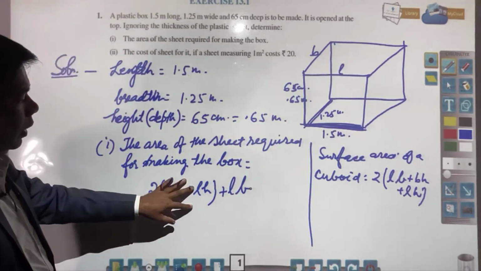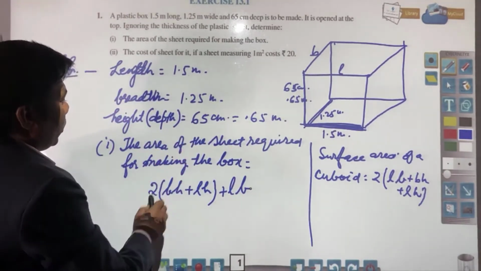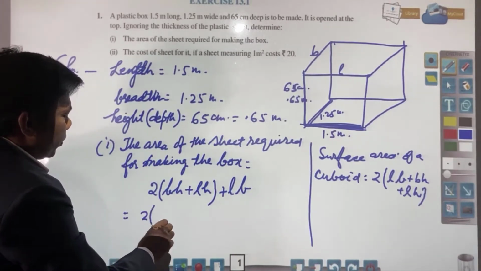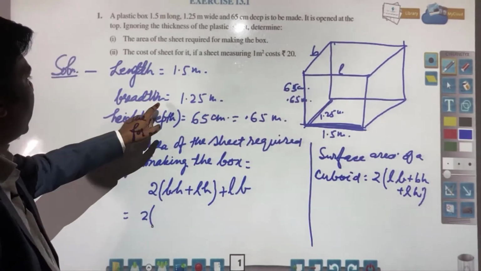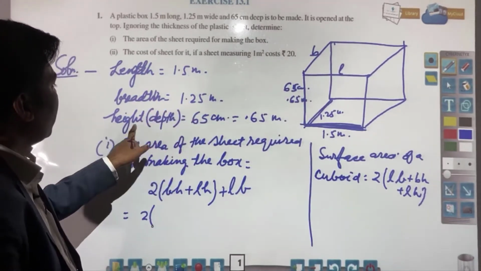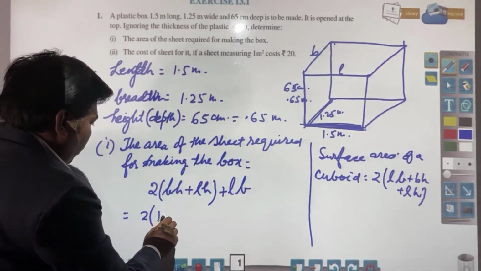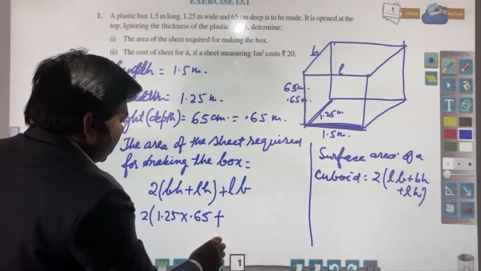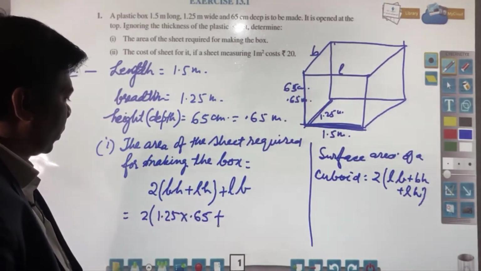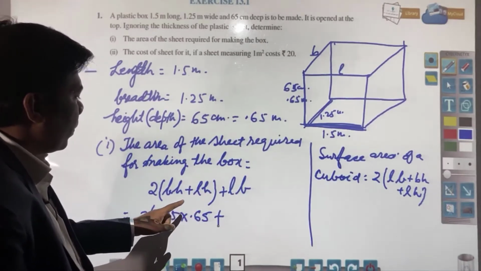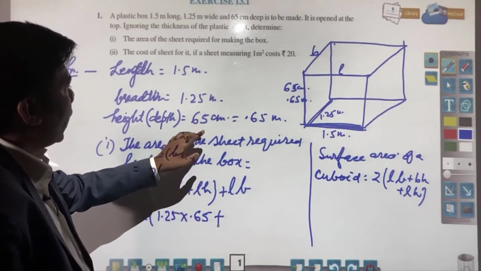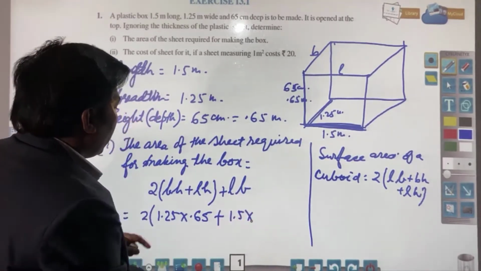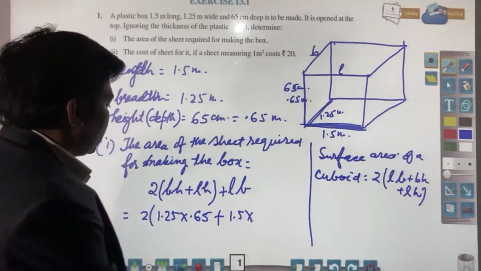Here you just put the values and find out. If you put the values here, you will have 2 into B into H, B into H is equal to 1.25 into 0.65, plus L into H. L into H will be, your L is 1.5 into H, H is equal to 0.65.